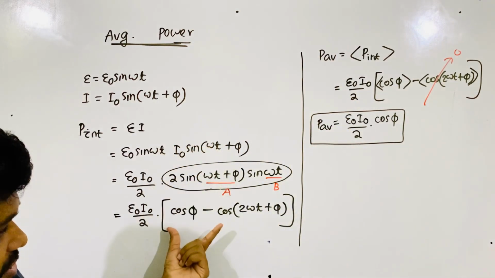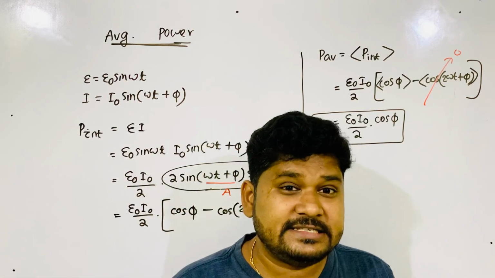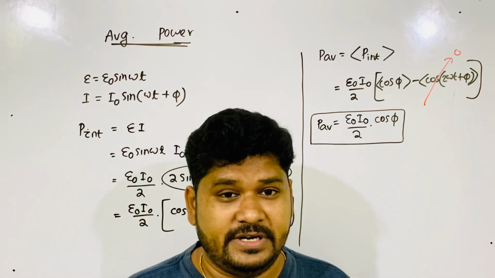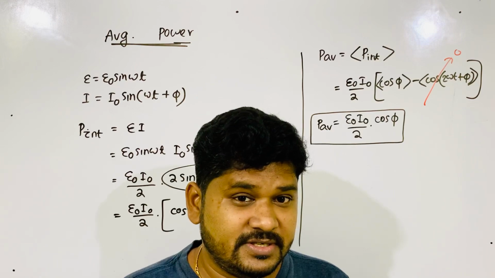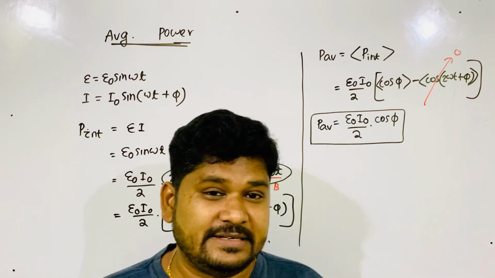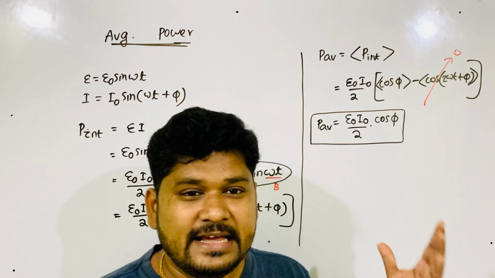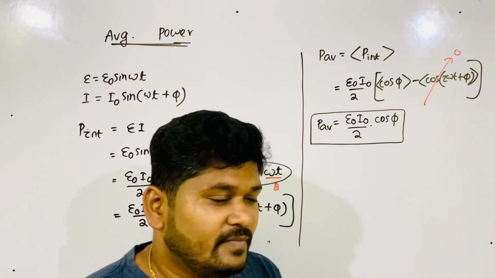In a shortcut way we did the derivation as it is in your NCERT book. But there is also another method of derivation, by the integration method. That integration method is also correct, you can do it, but it's a little lengthy. I think it's better for you to do this type of derivation.